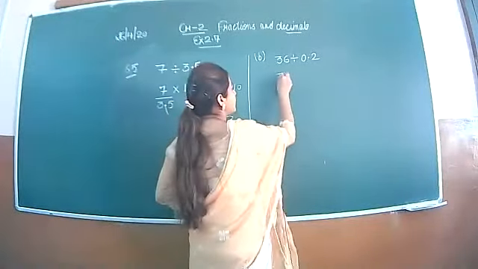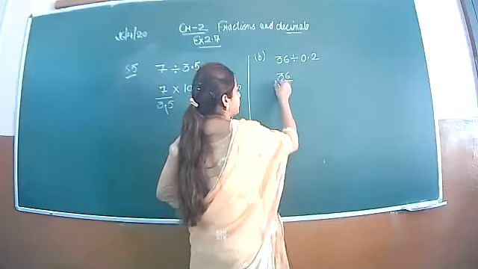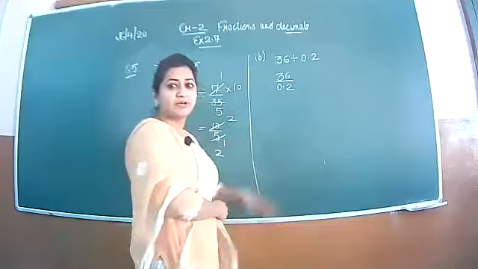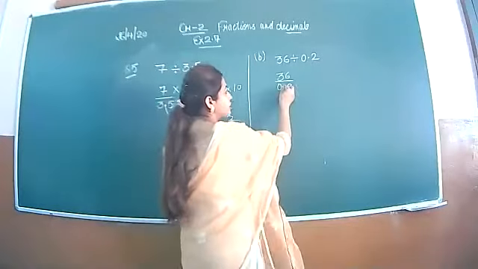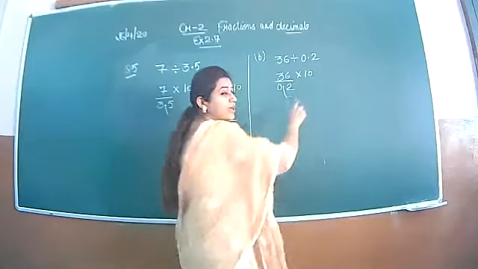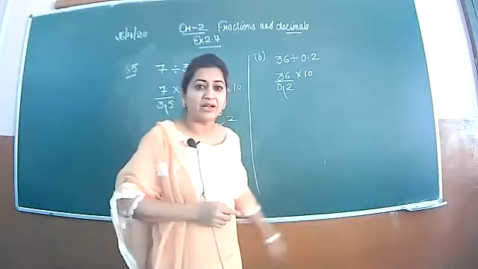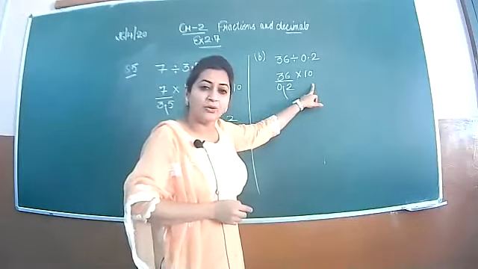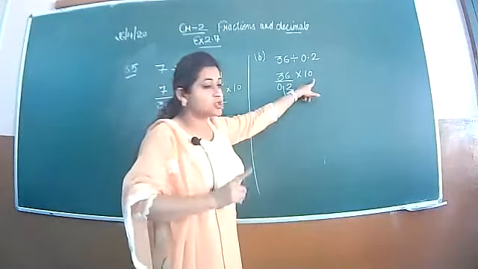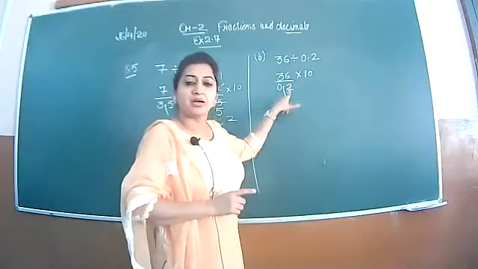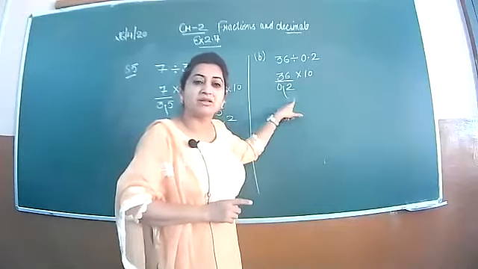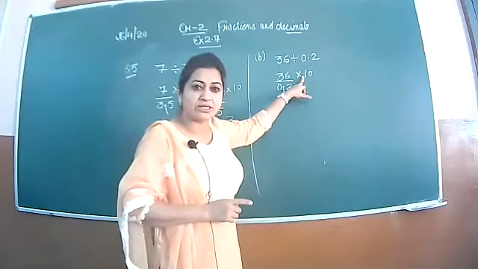Now write this in the fraction form, numerator upon denominator. Remove this decimal, it will become 10 in the numerator. Why have I written 10? Can I write 100 in its place? No, because after the decimal I am having one digit. So you will put 10 here. If there were 2 digits after the decimal, you will put 100 here. If there were 3 digits after the decimal, you will write 1000 here.